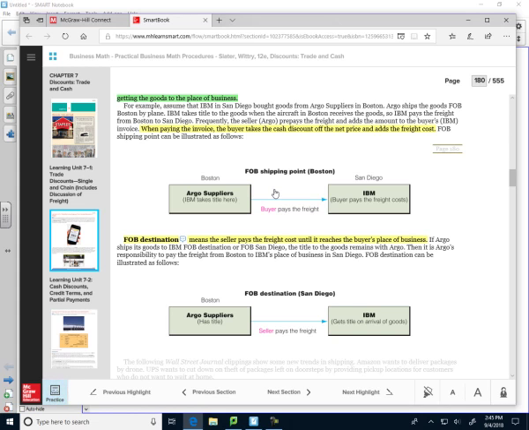Okay? Now, the other alternative is listed right below here. This is FOB destination. If the freight is charged this way, the supplier basically owns the stuff till it gets to the person who's buying it. So in that case, the seller is responsible for paying the freight.